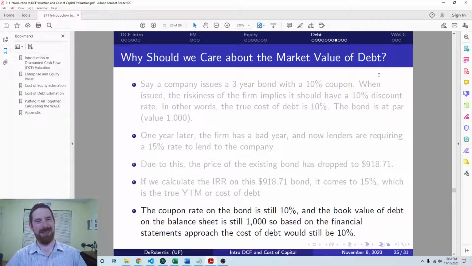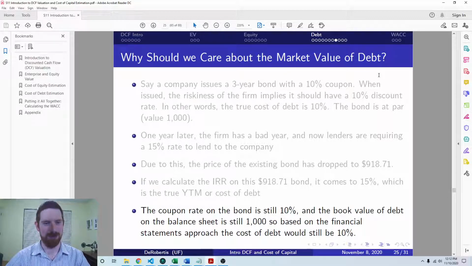But if we look at the book value of the debt, the book value would still be at 1,000. The book value just stays at whatever it was issued at. And so if you were to try to calculate the yield to maturity or cost of debt based on that, thinking about it as being priced at 1,000, then you would get 10%, which is far away from the actual new cost of debt for the company.